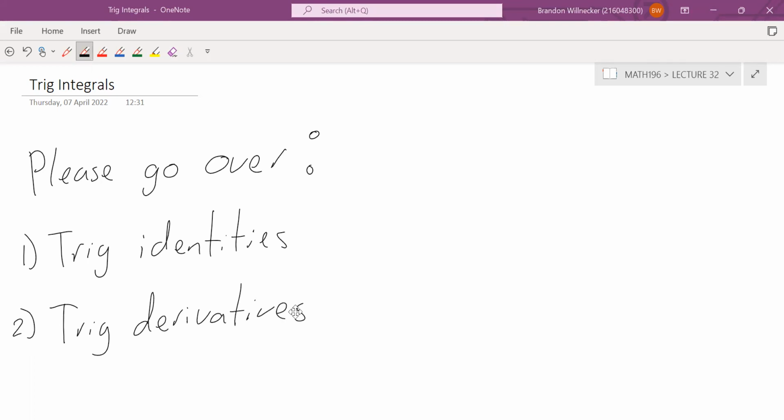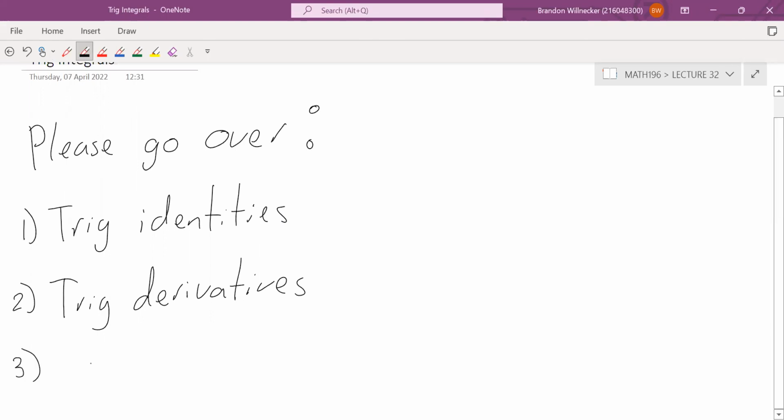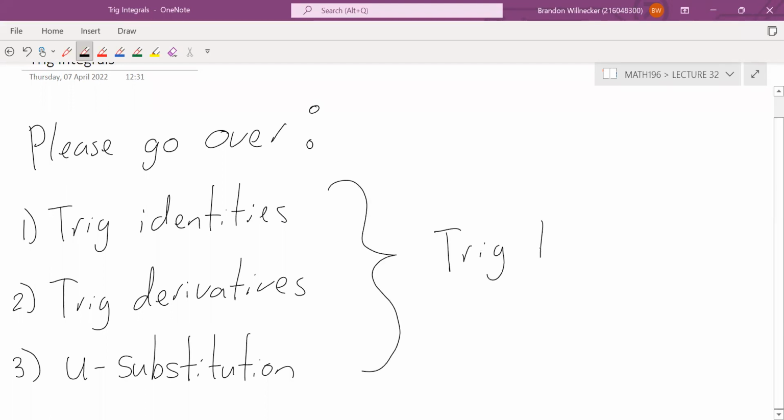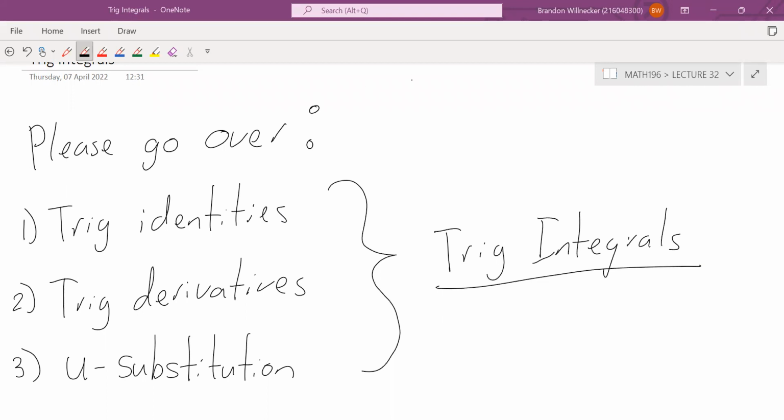Okay, so your derivative of sine, cos, tan, cotan, all of those. And number three, U-Substitution. Okay, so all three of these go into trig integrals. Okay, so please make sure that you revise these three before going through with these problems.